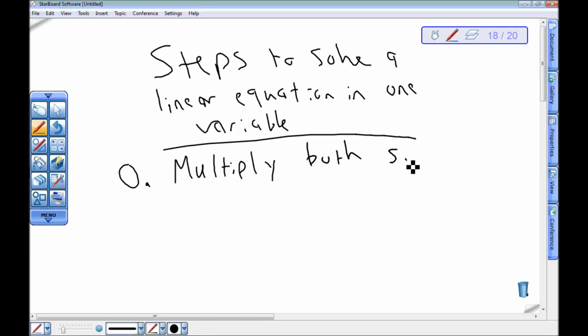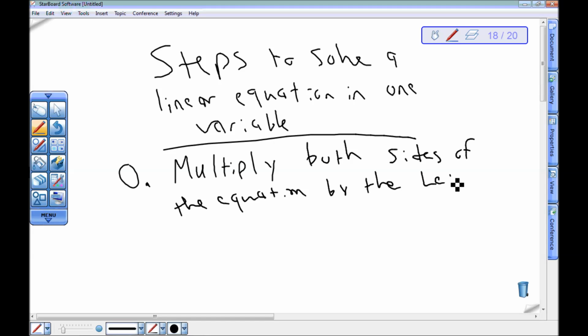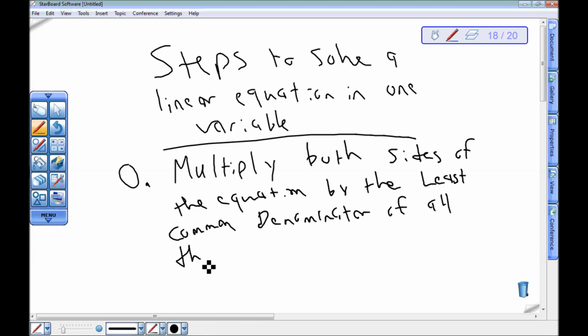You can multiply both sides of the equation by the least common denominator of all the fractions on either side of the equation.